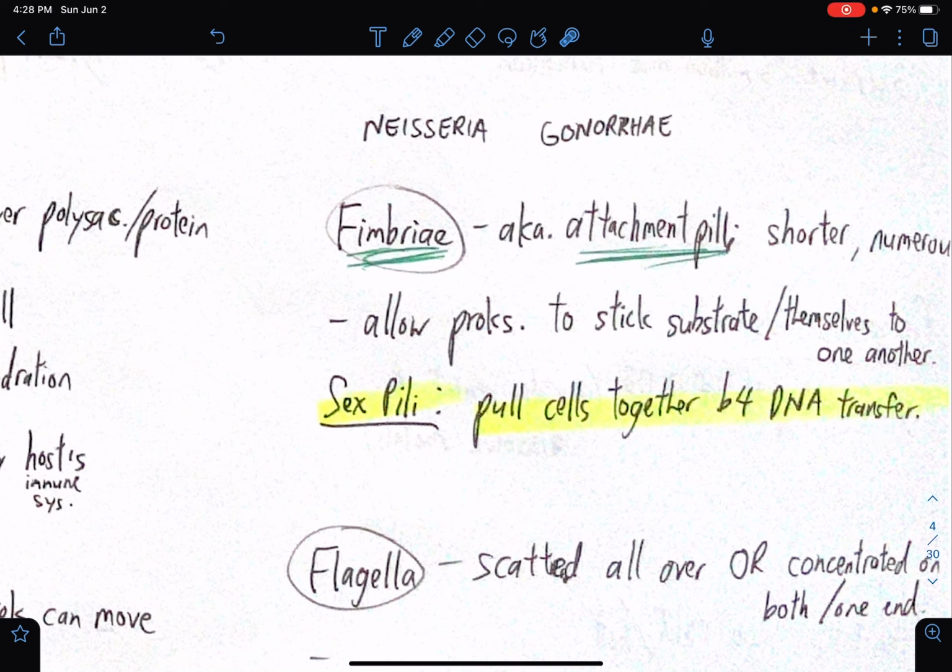I'm not sure if this is correct to say, but in a sense, the sex pili in bacteria is similar to the mycelium found in fungi.